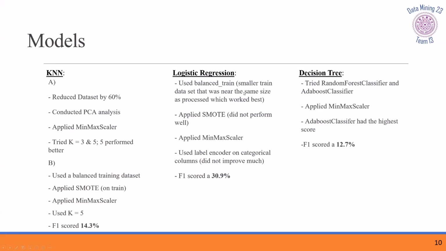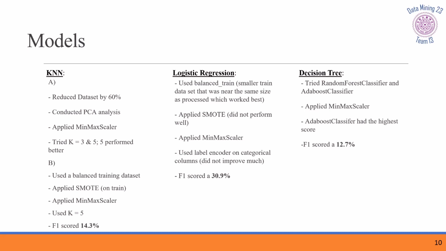Hi, so I will talk about the models next. We use 3 different models. We use KNN, logistic regression, and decision tree. We tried 2 different approaches with KNN. With approach A, we use a data set that had been reduced by 60%. We use PCA analysis and applied min-max scaler.